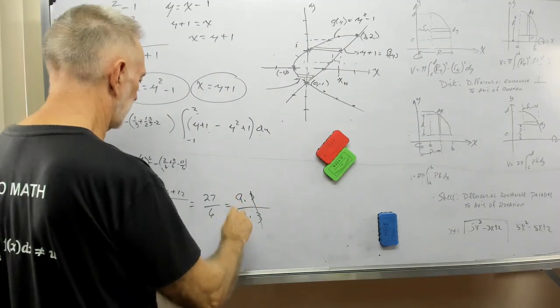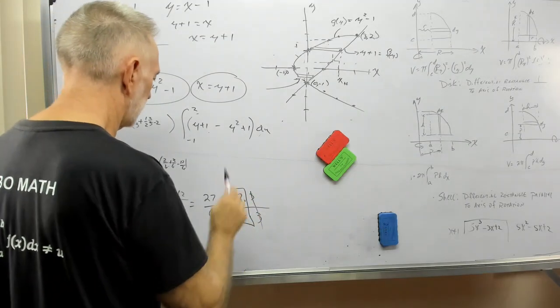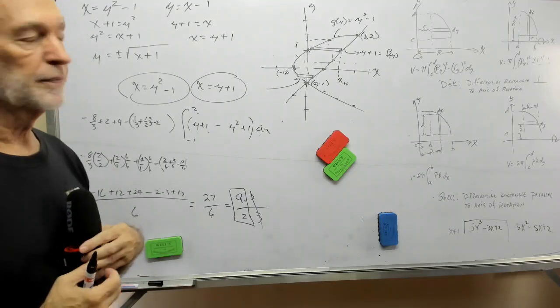The 3's cancel, so I end up with my area is 9/2.